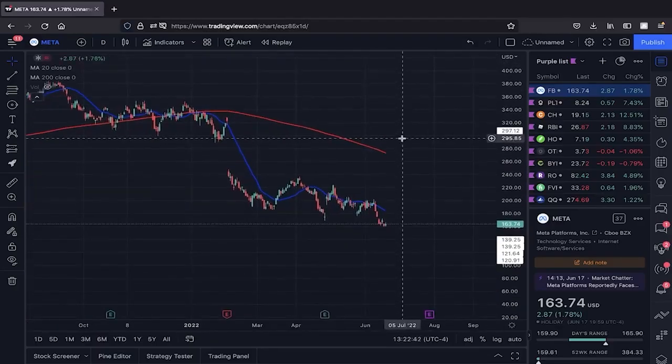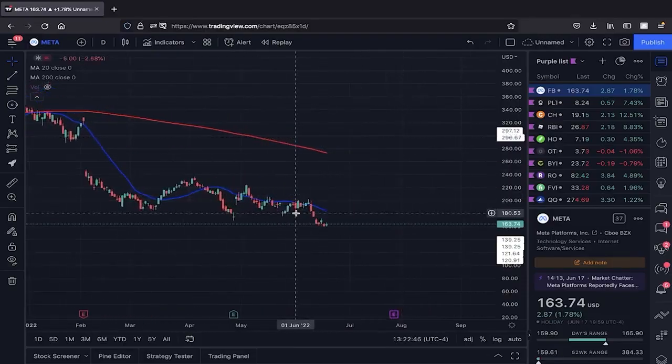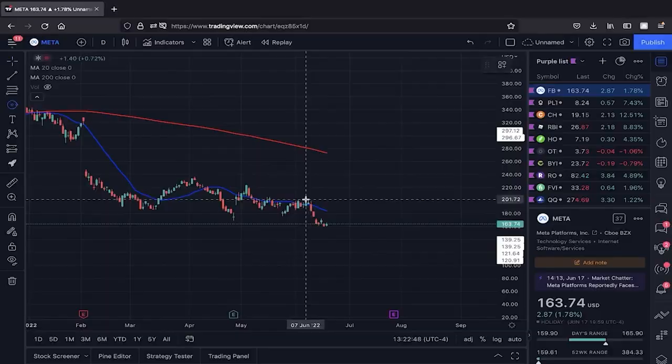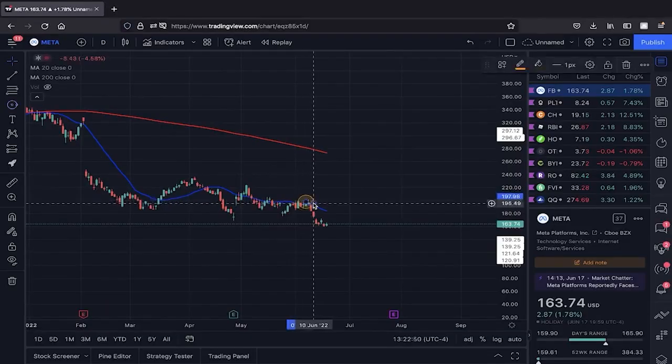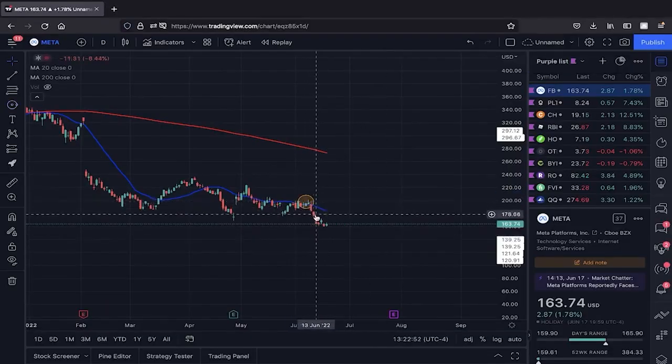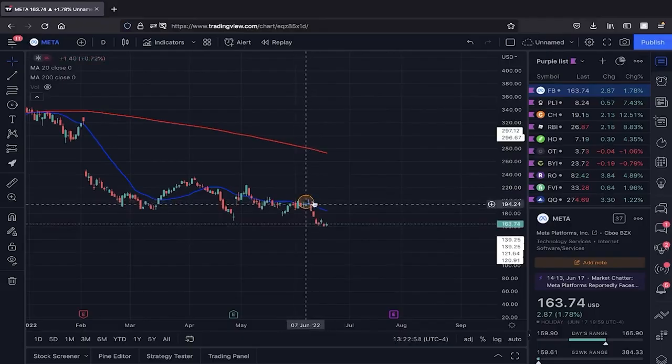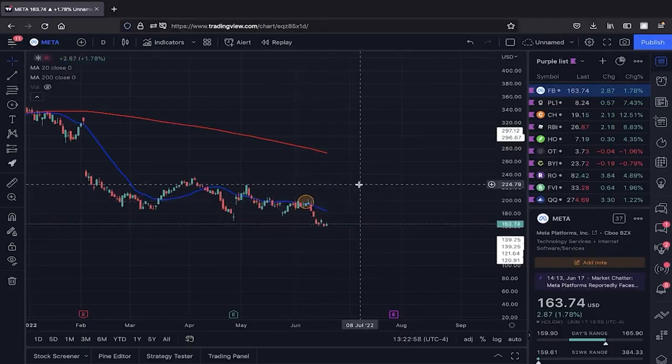And I guess we could talk about one more thing. Let's say we're going to reverse back in time and we're here. Let's say this drop right here hasn't occurred yet. If you're looking at this and thinking, do I want to play it long? Either way, you're not going to play it long because we have a declining 20-day moving average.